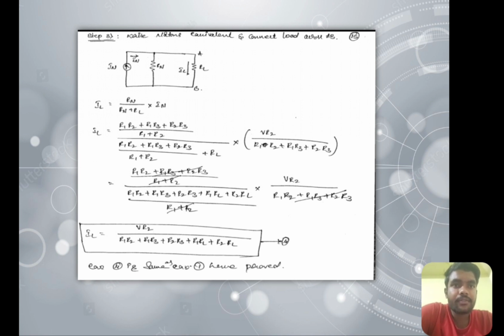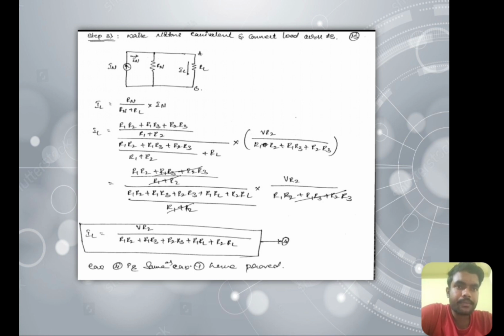We already found RN and IN. Substitute those values in this equation. IL is equal to R1 R2 plus R1 R3 plus R2 R3 divided by R1 plus R2, whole divided by R1 R2 plus R1 R3 plus R2 R3 divided by R1 plus R2, plus RL, into V R2 divided by R1 R2 plus R1 R3 plus R2 R3.